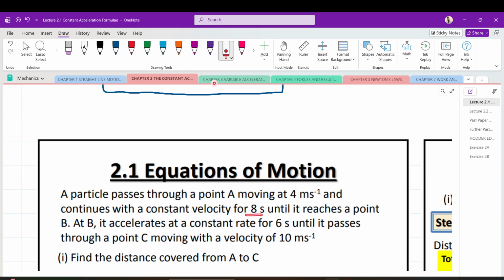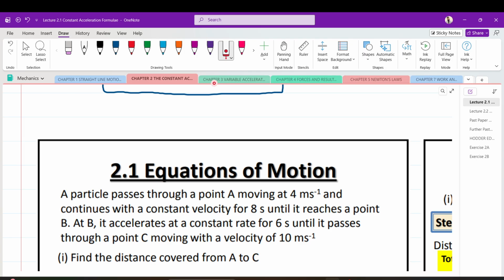Now, if it's continuing at constant velocity, that tells you that acceleration is equal to 0, until it reaches a point B. Now, at point B, it accelerates at a constant rate for 6 seconds until it passes through a point C, moving with a velocity of 10 meters per second. So now the question is, find the distance covered from A to C.